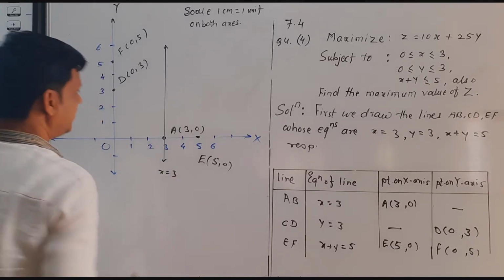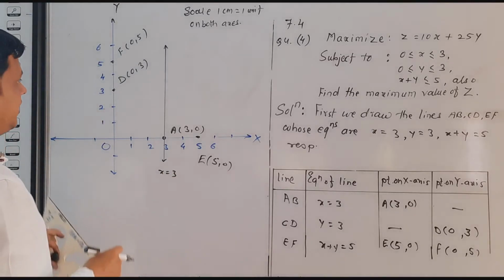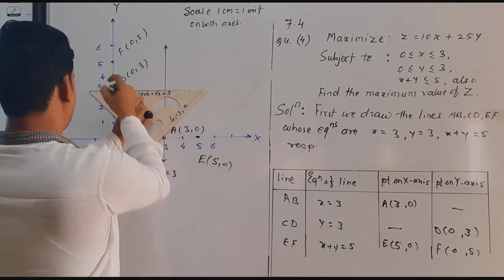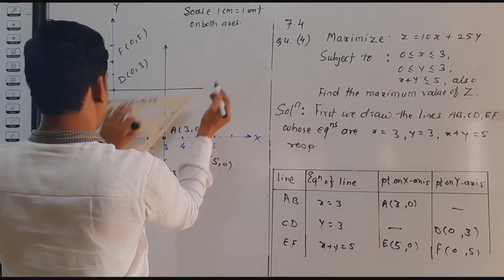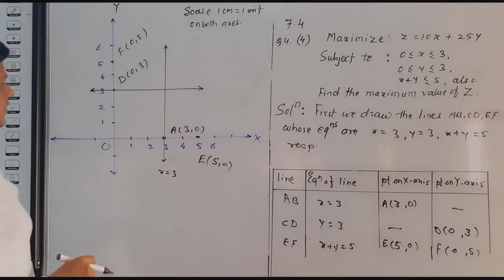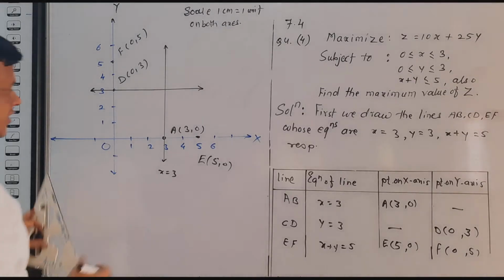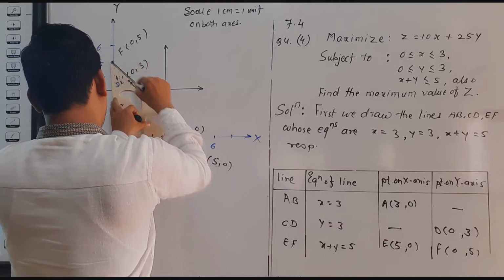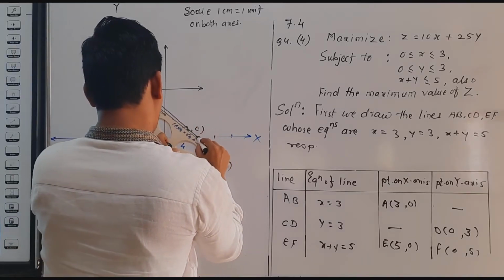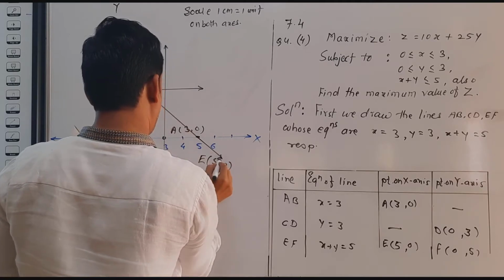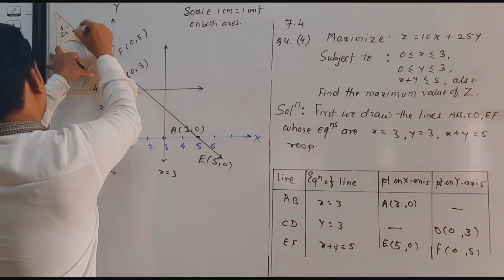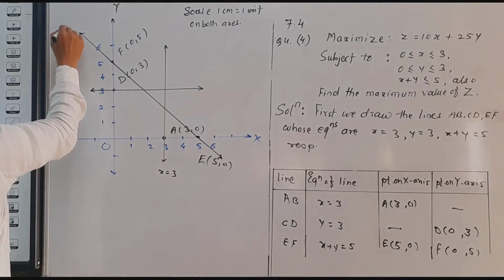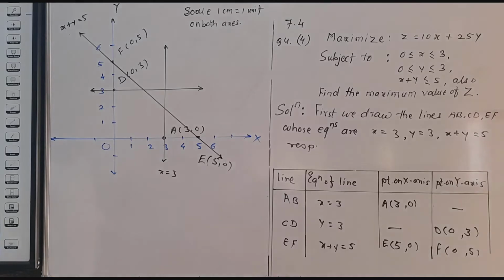This line has equation x equals to 3. Similarly, we draw a line passing through point D, parallel to the x-axis. Then we draw a line passing through points E and F, and this line has equation x plus y equals to 5.